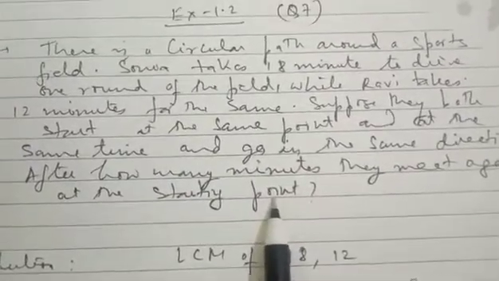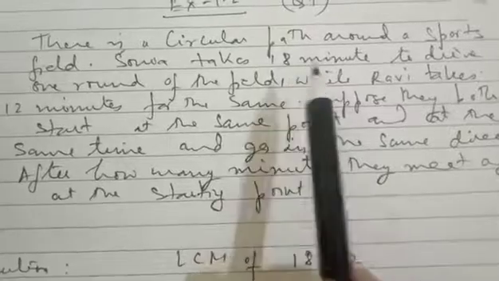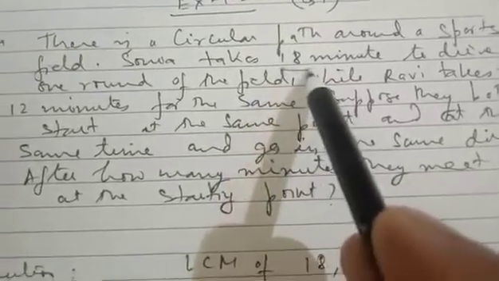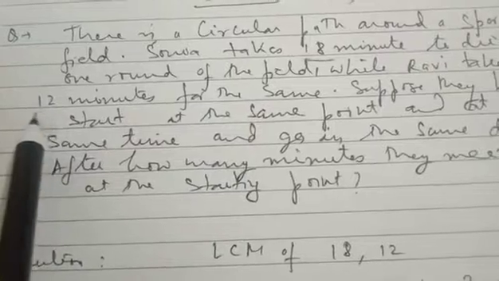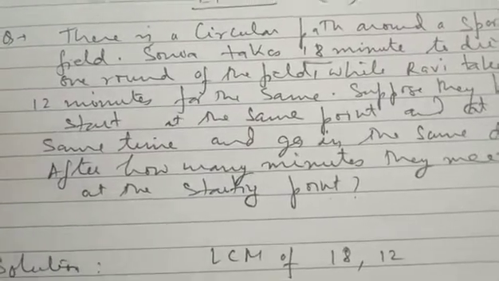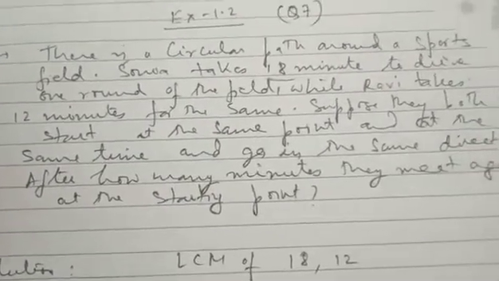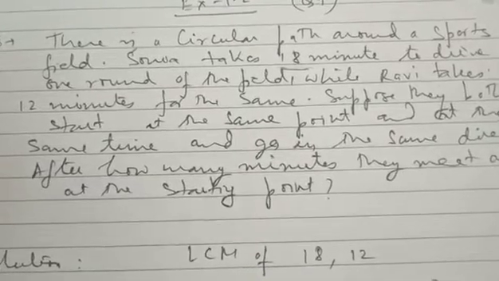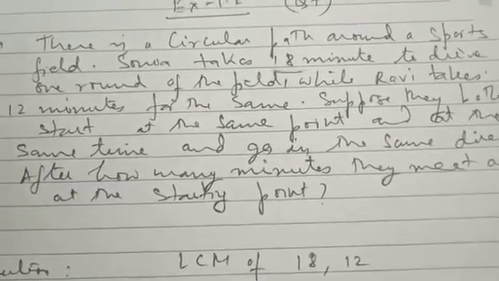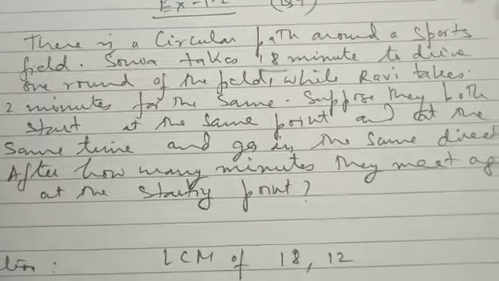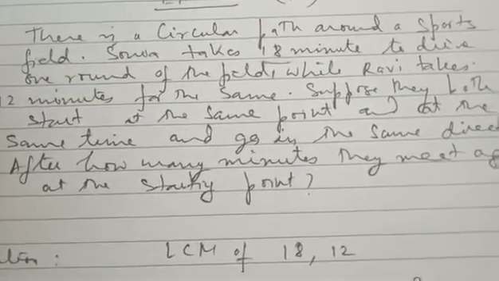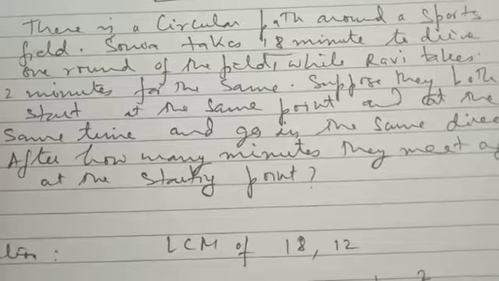Now if you look at this question, the two persons are moving at different timings. One is taking 18 minutes, another one is taking 12 minutes. Now to solve this question, we have to find a number which will be a multiple of these two numbers. And when we talk about multiples, that means we have to find out the LCM of the given two numbers.